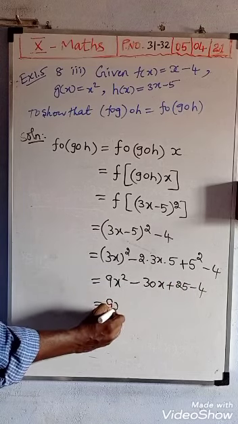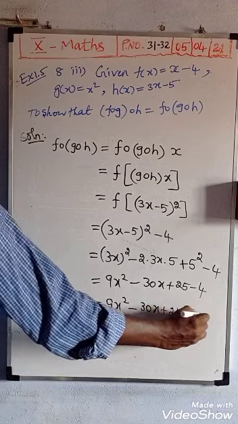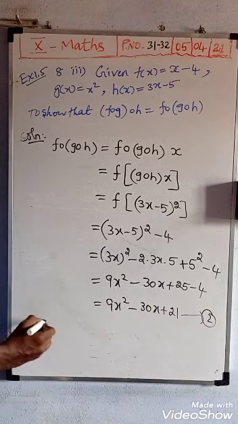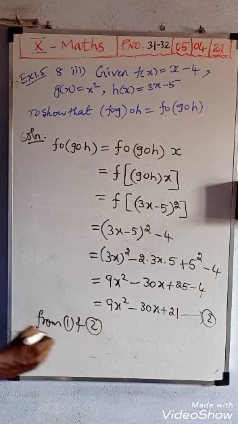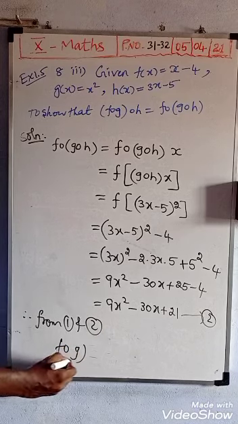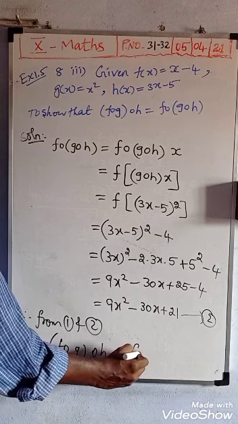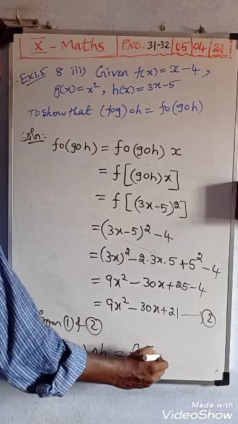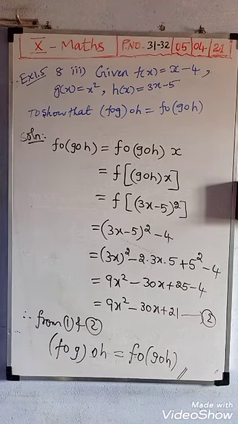So we can change this as 9x squared minus 30x plus 21. This is equation 2. So from 1 and 2 you check. Therefore, from 1 and 2, (f composition g) composition h is equal to f composition (g composition h). It is equal. Hence the associative property. This only we wanted to show, so we have received that answer.